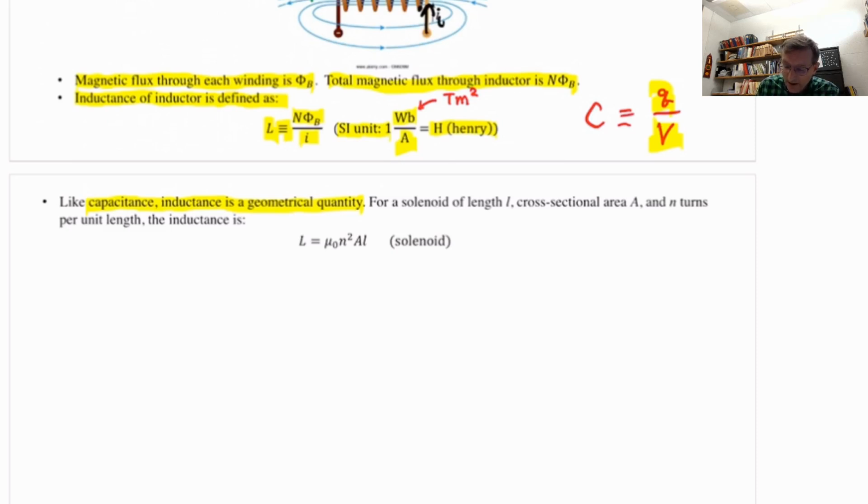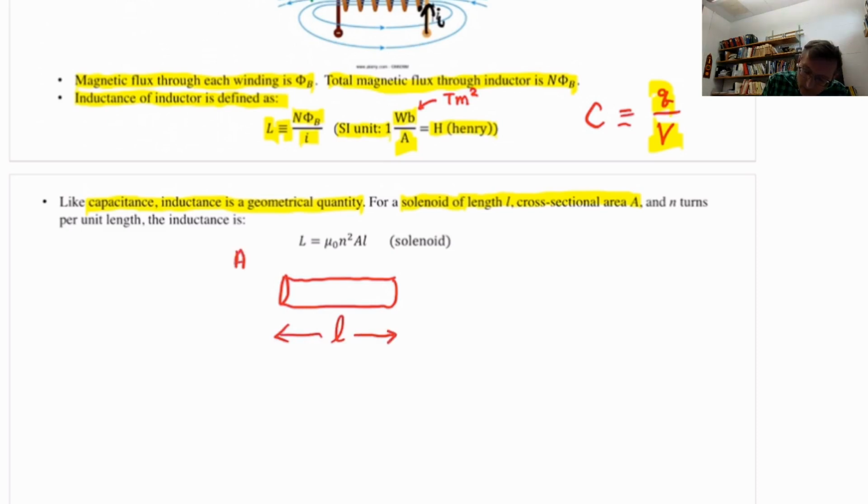Let's take the simplest scenario of an inductor, a solenoid that's wrapped around a cylinder of length L and cross-sectional area A. Let me draw one down here on its side. Okay, that's a cylindrical frame that has length L, cross-sectional area A. And then we're going to wrap windings of wire around.